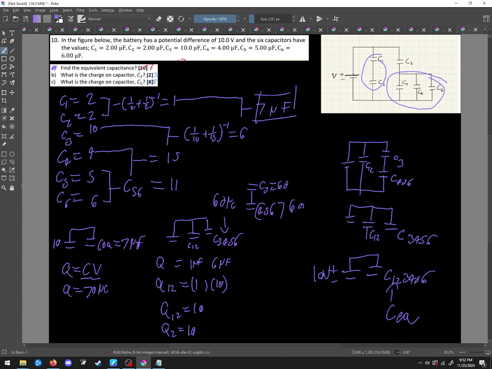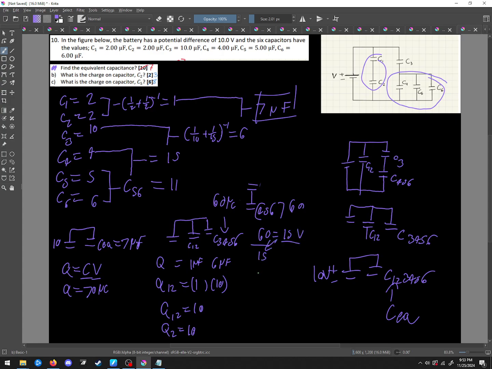Then we can find the voltage. That's what we need to do now here. Voltage here, charge Q is 60. So we're going to have 60 equals 15 V for C4,5,6.